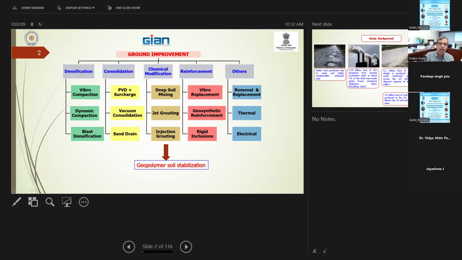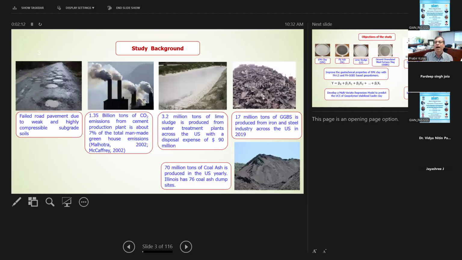Now, why are we using geopolymers? What is the problem first? Most of the time the road condition is not very good. Even people using cement produces millions of tons of CO2.